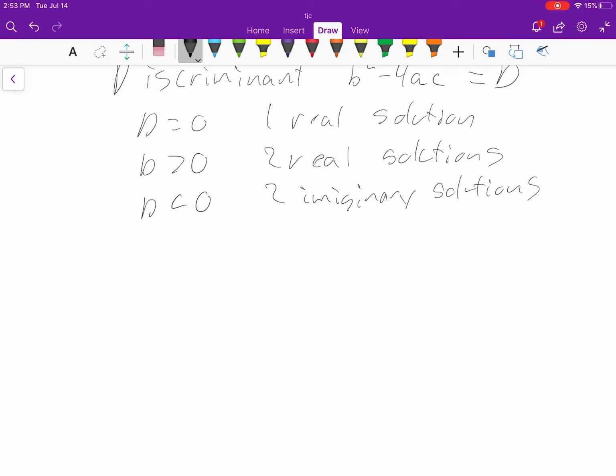Last thing in this chapter is they briefly talk about the Pythagorean theorem. The Pythagorean theorem has a long, sordid history in mathematics, all the way back to before Christ.